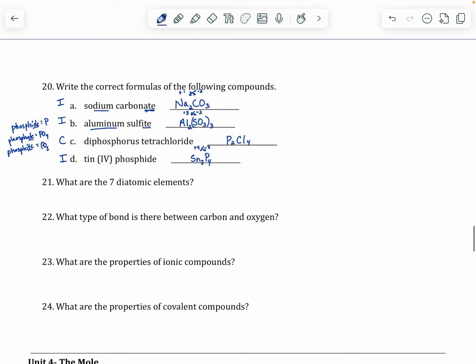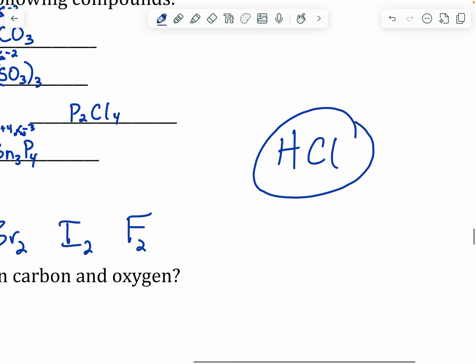7 diatomics: Hon Cl Br I F. Remember, when they are all alone, we need to make sure that they exist as a pair. They can never be alone. Now, something like hydrochloric acid, that's the chemical formula for hydrochloric acid, but you're like, whoa, I thought you said we needed 2 and 2 if they're there.